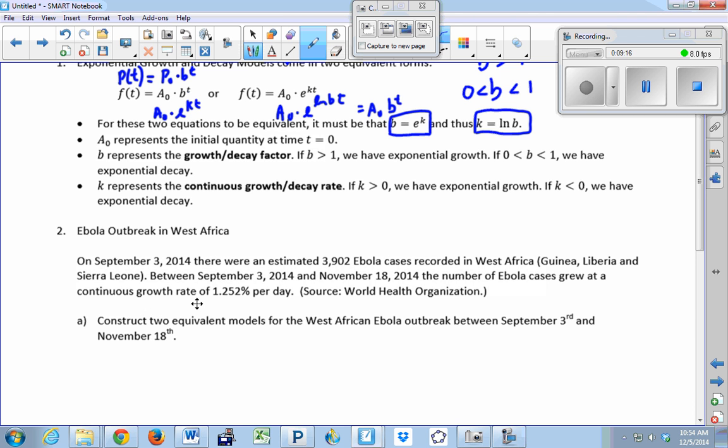On September 3rd, 2014, there was an estimated 2,902 Ebola cases reported in West Africa: Guinea, Liberia, and Sierra Leone. Between September 3rd, 2014 and November 18th, 2014, the number of Ebola cases grew at a continuous rate of 1.252% a day. Sources: World Health Organization.